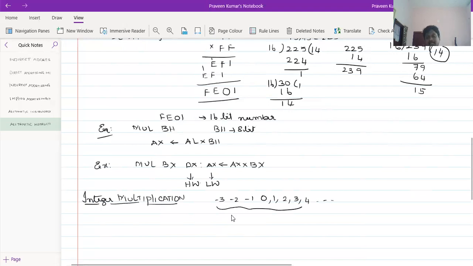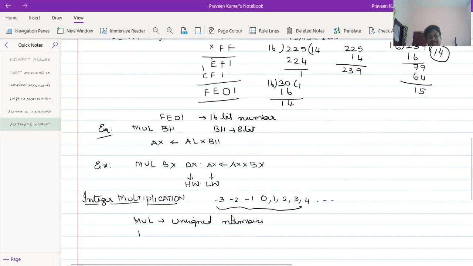These are called integers. Multiplication of signed numbers or unsigned numbers, we use the mul operation. That is, for unsigned numbers, we use the mul instruction.